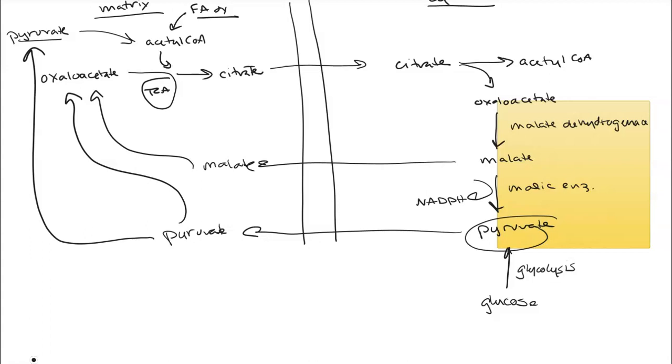Acetyl-CoA couples to oxaloacetate via TCA, making citrate, citrate is shuttled, decoupled back into acetyl-CoA on the cytosolic side, and oxaloacetate, and then can be converted to malate and pyruvate, both of which can be actively transported back and reconverted and recycled again.